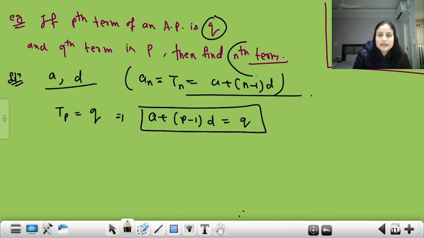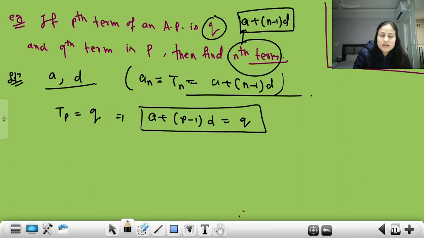I need to get the nth term. So the nth term requires A and D. To get the nth term, I want the first term and the common difference. I am considering here the first term is A and the common difference is D, but I need to get their values also, right?